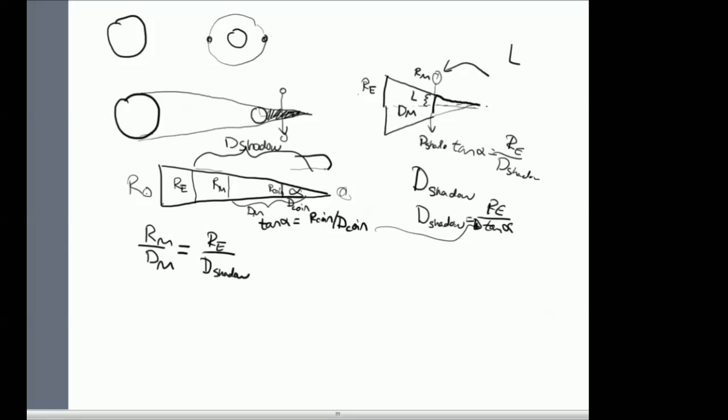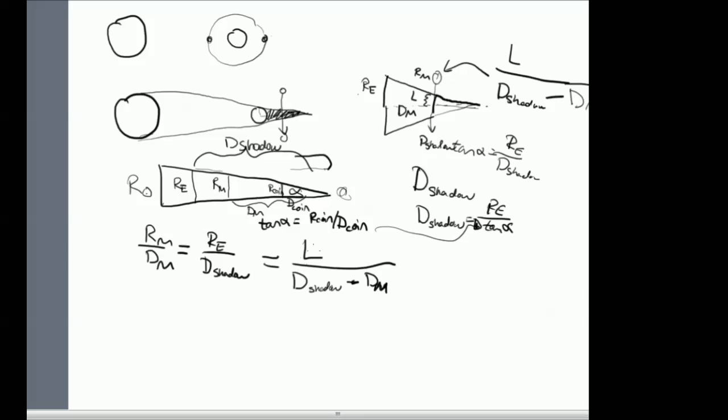So that means L over d shadow minus d moon is also equal to this over here. It's all part of the same similar triangle, right? It's super cool, and it takes advantage of this coincidence that the sun and the moon are the same angular size. Okay.